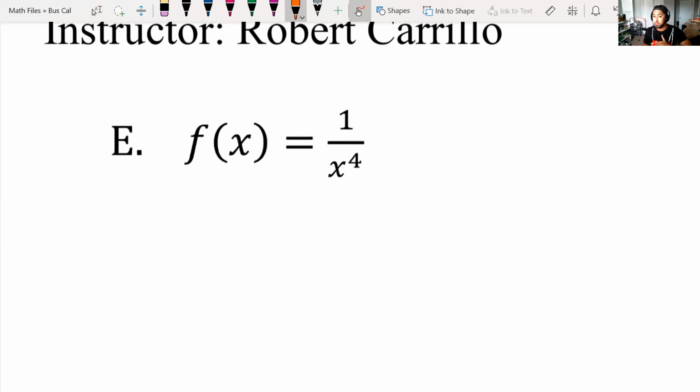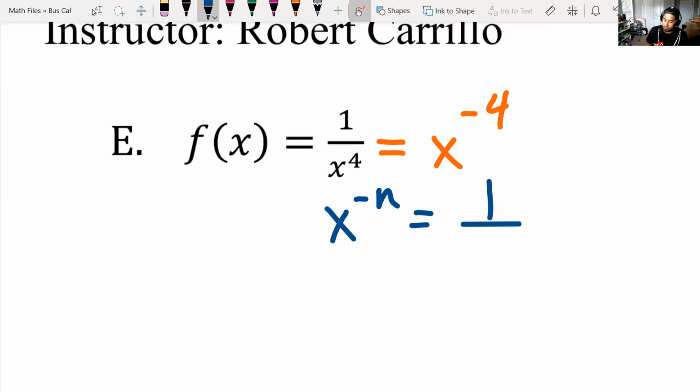So since we can't take it in this form, I will rewrite it as x to the negative 4. And once again, this uses that property of x to the negative n equals 1 over x to the n, which means now we can take the derivative of x to the negative 4.